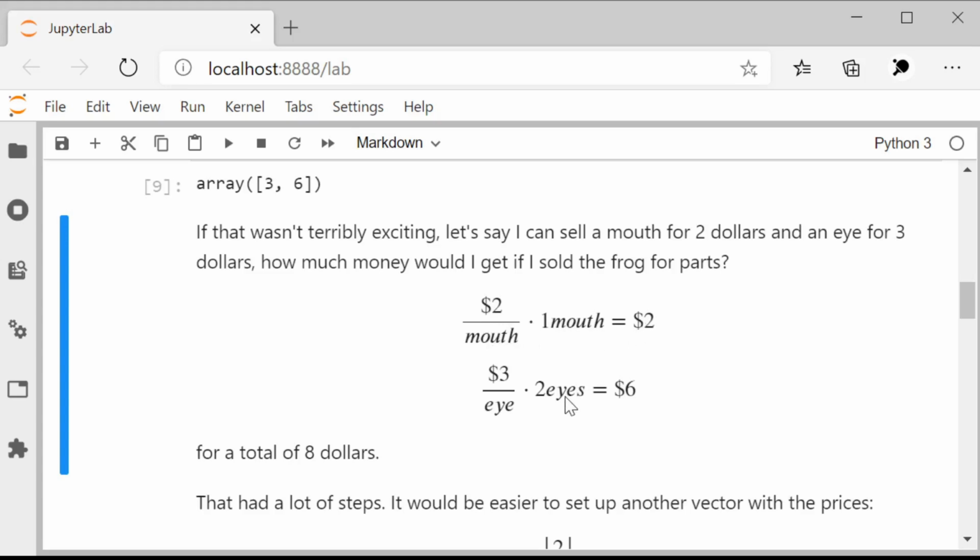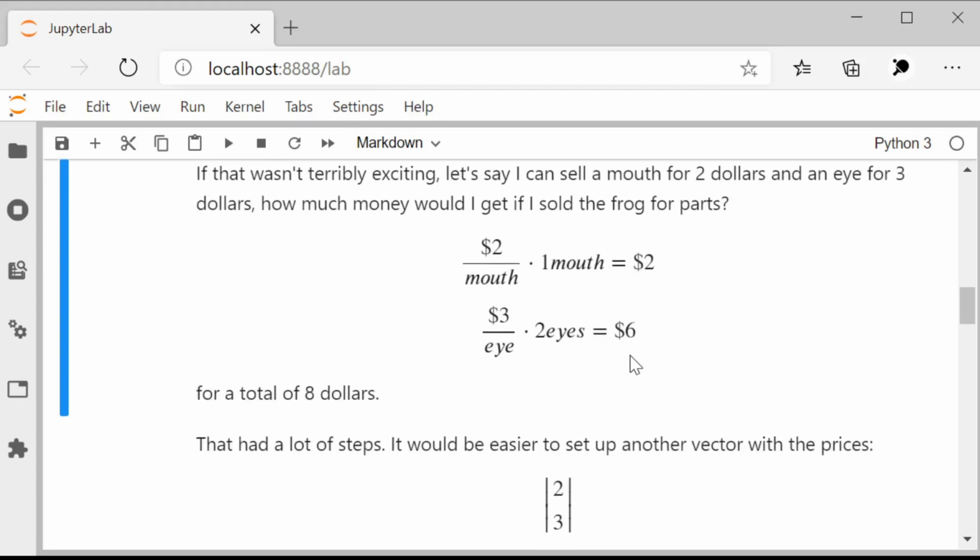Then I have 2 eyes per frog at $3 per eye, so 3 times 2 equals $6 for all my eyes. At the end, I add up the mouth dollars and the eye dollars to get $8 for the entire frog. So the answer is 8, but that involves 2 multiplications and an addition.